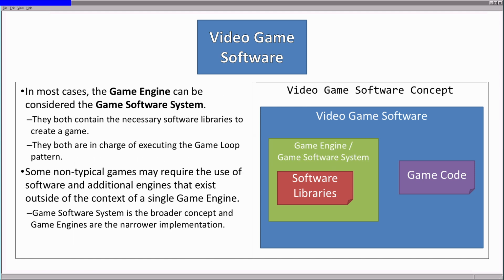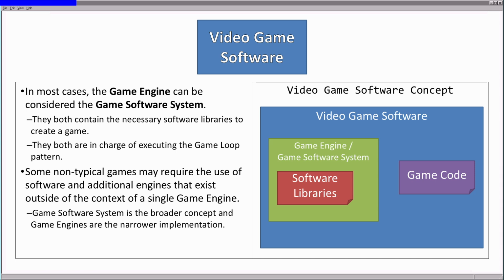In most cases, the game engine can be considered the same as the game software system. They both contain the necessary software libraries to create a game. They both are in charge of executing the game loop pattern. Some non-typical or non-trivial games may require the use of additional engines that exist outside the context of one single game engine.